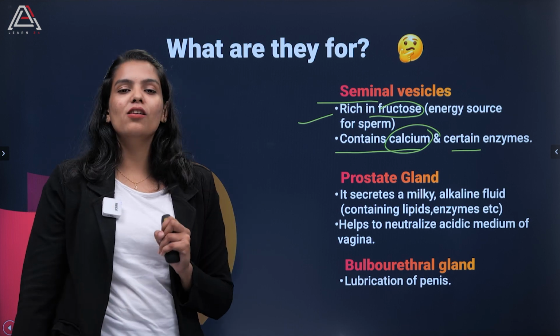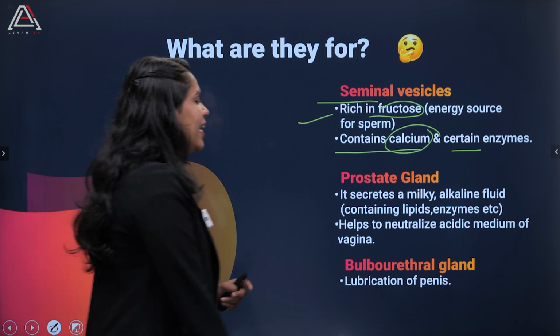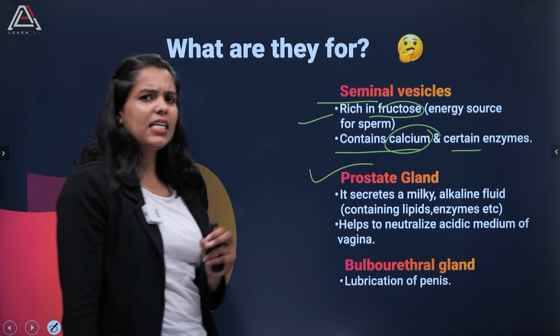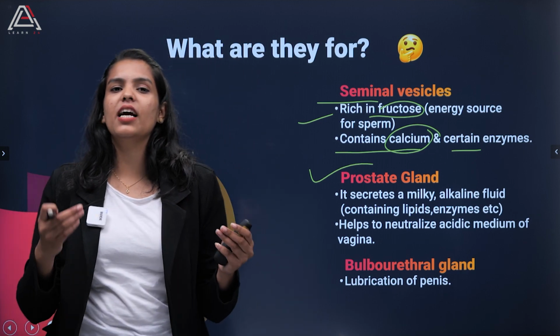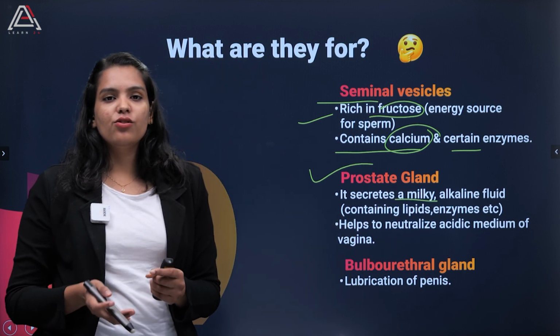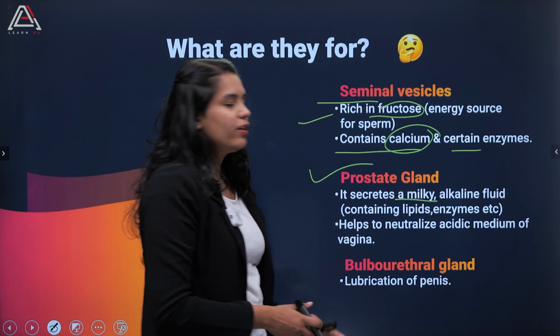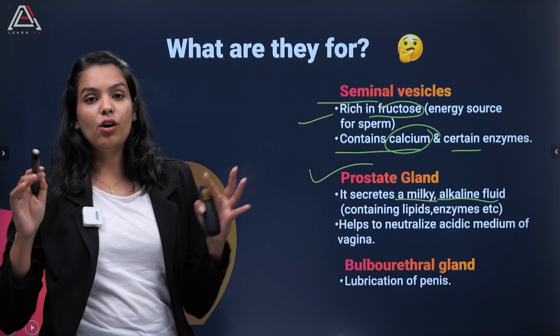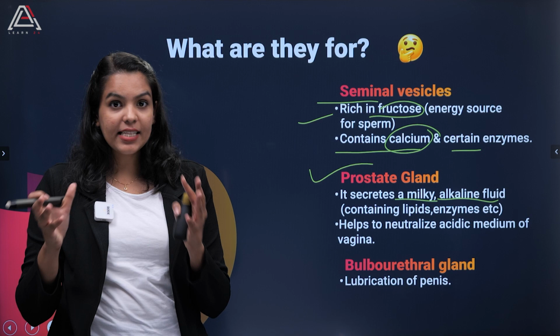Now moving on to the second gland, the prostate gland. If we talk about its consistency, it is milky, and it is an alkaline fluid. It secretes a milky and alkaline fluid which contains a lot of lipids and enzymes.